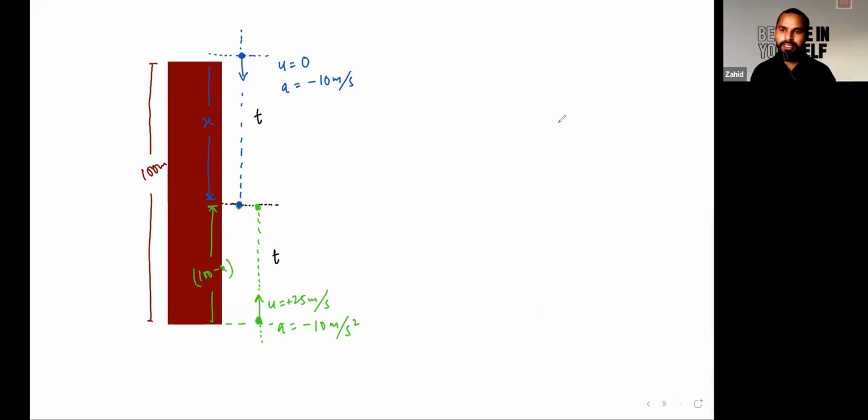Any doubt while forming the equation for either of the balls? For the first ball, as it is going downward, x would be negative, u is 0, minus half, acceleration is 10, and t squared.